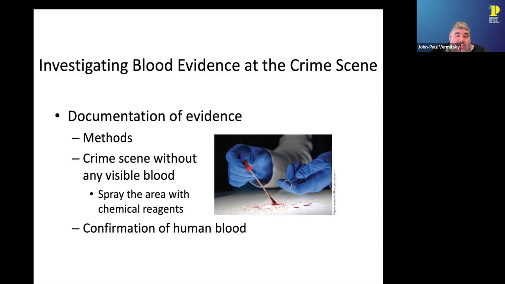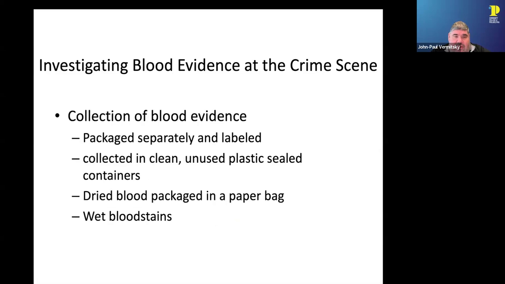Once you do find a blood sample, the one thing you want to make sure is that it is that of human blood. And there are quick assays to determine that. Collecting blood evidence at a crime scene, you want to package it separately, make sure it's properly labeled. It's collected in clean, unused, plastic sealed containers. Dry blood is packaged into paper bags, and wet blood stains are appropriately packaged as well.